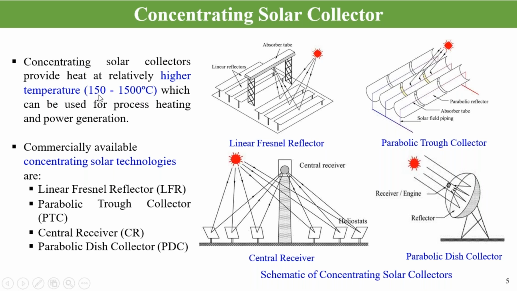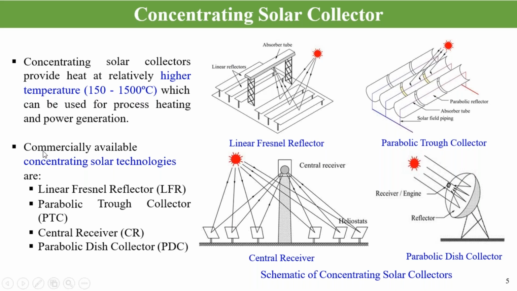The range of temperature is 150 to 1500 degrees Celsius, which can be used for process heating and power generation. We also have this system in India, at the National Institute of Solar Energy, NISE, which has a system of 1 megawatt capacity.